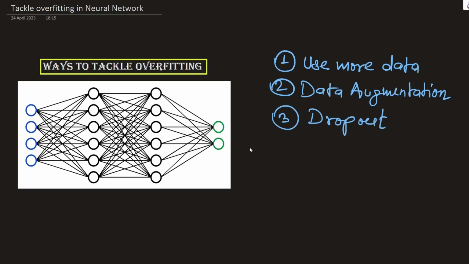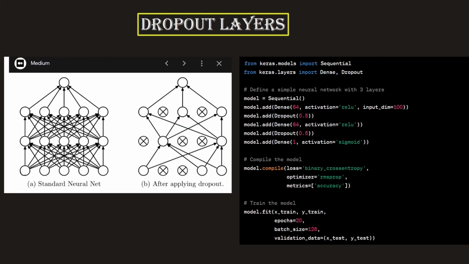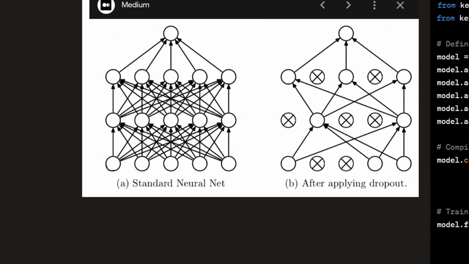I'll try to explain what it is. Dropout is a regularization technique that randomly drops out some of the neurons in the neural network during training. So pay attention to this figure, where we have two neural networks. The first one is the usual one that you have already seen before. It is a completely dense and connected neural network where all the nodes within each and every layer are connected with each other.